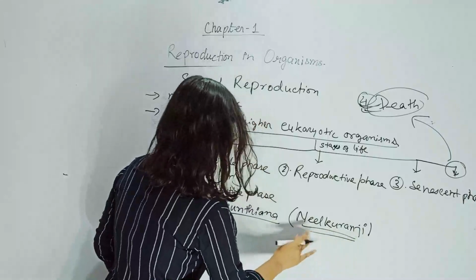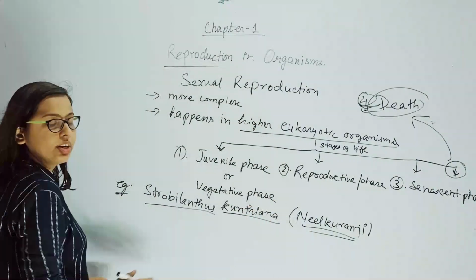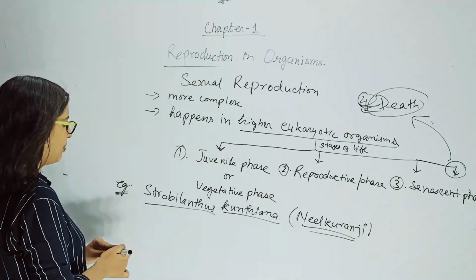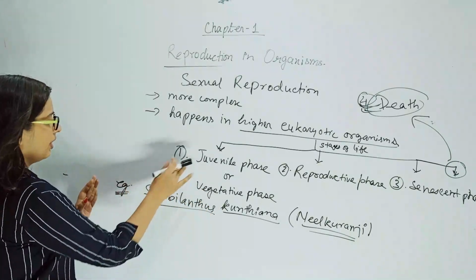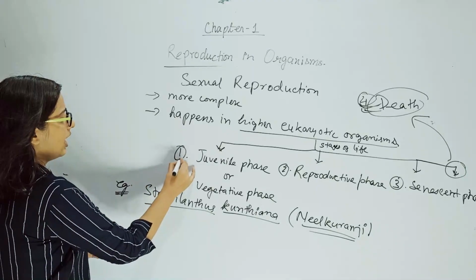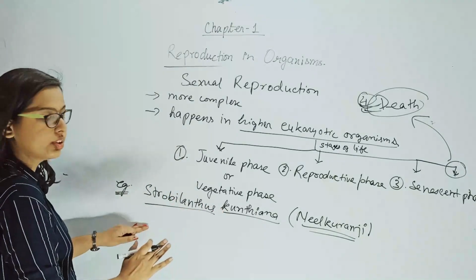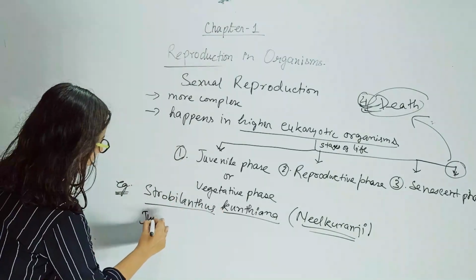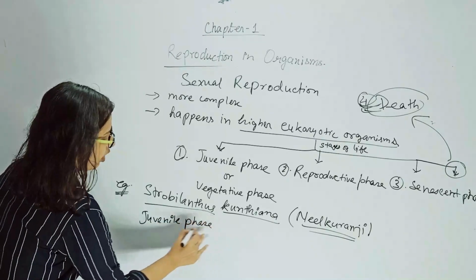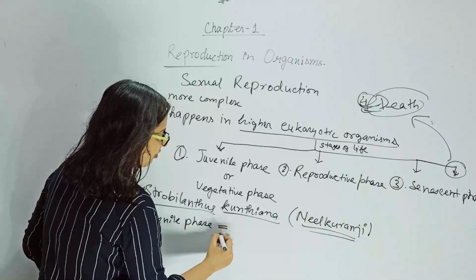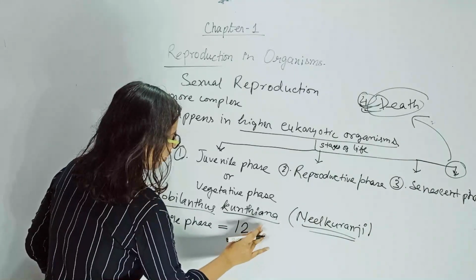In India, this particular plant is known as Neelkuranji. So what happens in this plant? Why am I quoting it as a separate example to explain the juvenile phase? This Strobilanthes kunthiana has a very long juvenile phase, and it flowers only after 12 years.